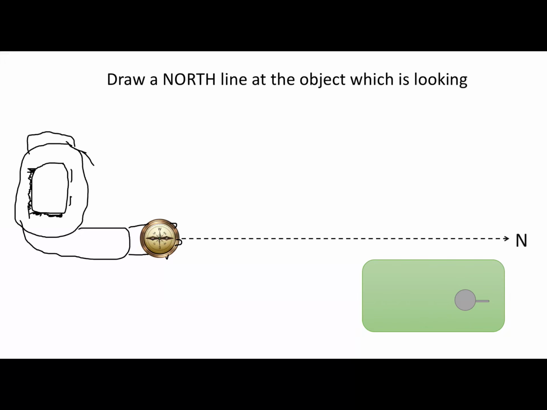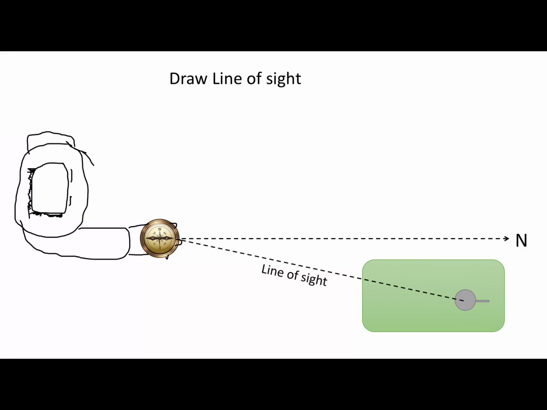Okay, next, you draw your line of sight. Okay, what is line of sight? Line of sight is the line that joins the person who is looking and the object he is looking at. In this case, the line of sight must be from the person to the mark, as follows.